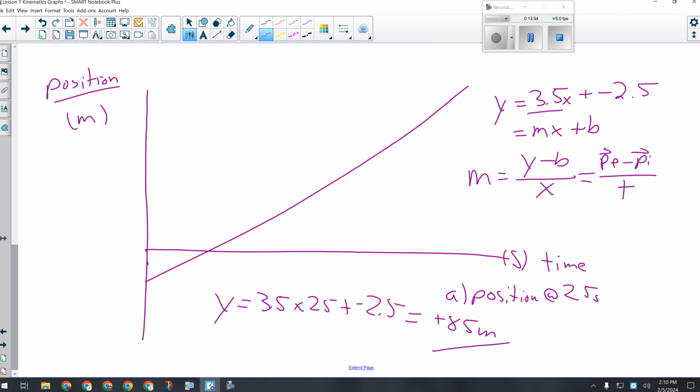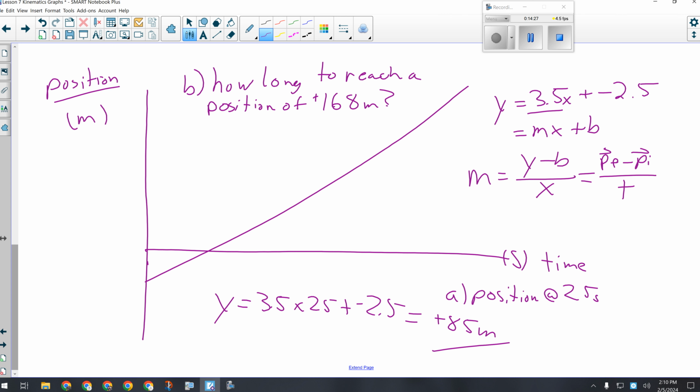Here's the other thing I might ask. How long to reach a position of positive 168 meters?